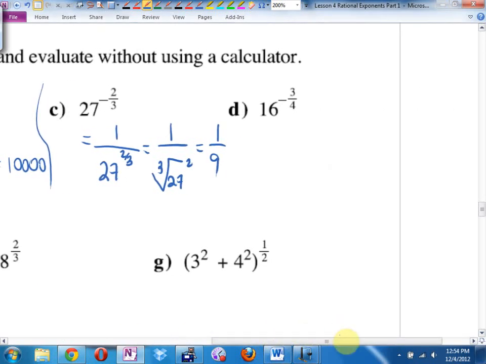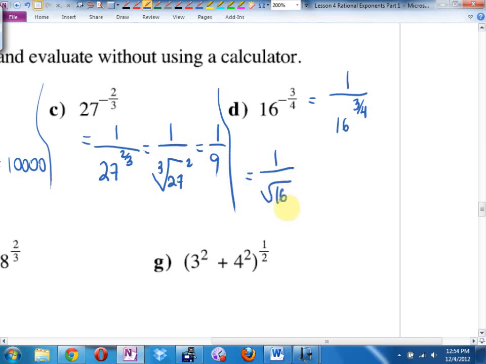D. 16 to the power of negative 3/4. Did I say to the power of negative? Yep. Elevator. This is going to be 1 over 16 to the positive 3/4. Flower power. 1 over, there's going to be a 16.